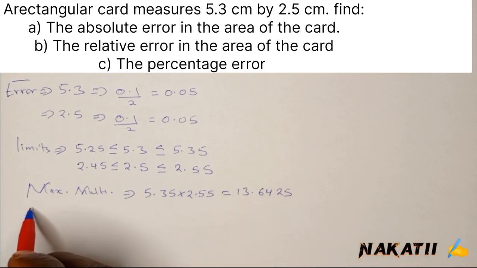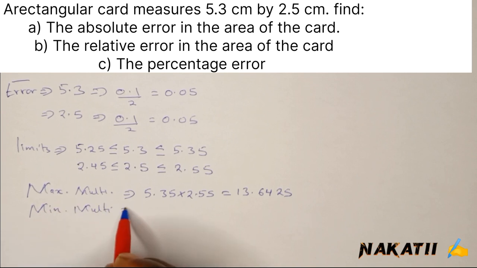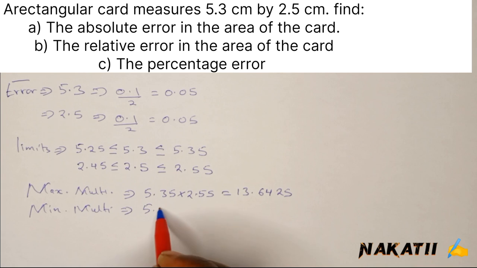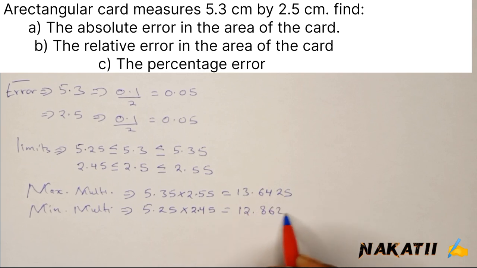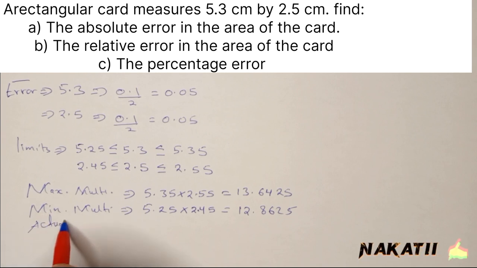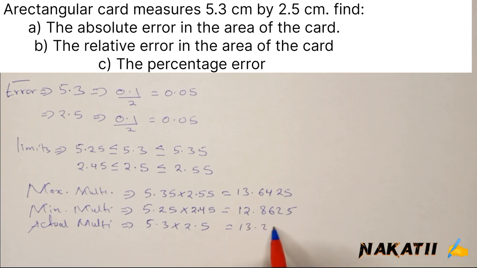Then you get the minimum area. For the minimum, you take the lower limits, so that is 5.25 multiplied by 2.45, which gives 12.8625. Then we have the actual area of the card, which is 5.3 multiplied by 2.5, so we get 13.25.